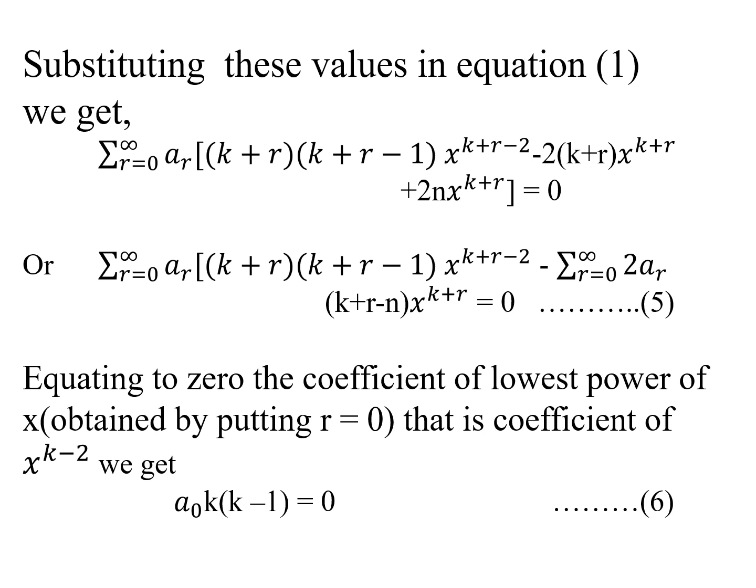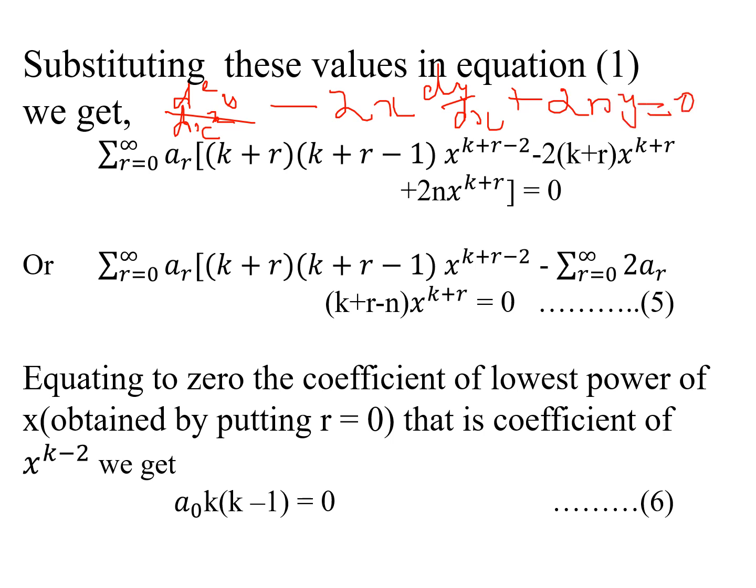We are getting, that is, equation 1 is d squared y by dx squared minus 2x dy by dx plus 2n y is equal to 0.